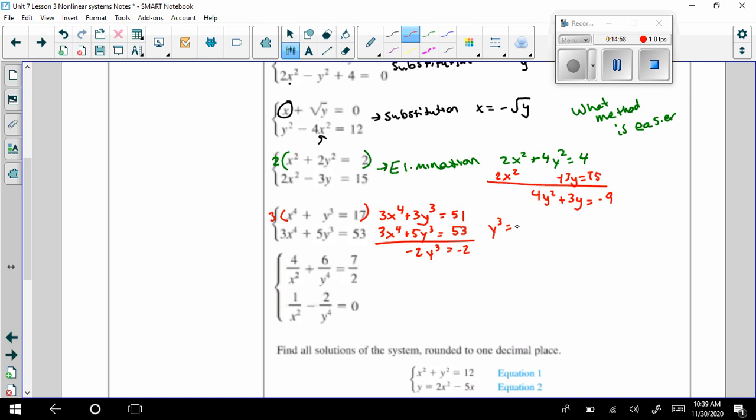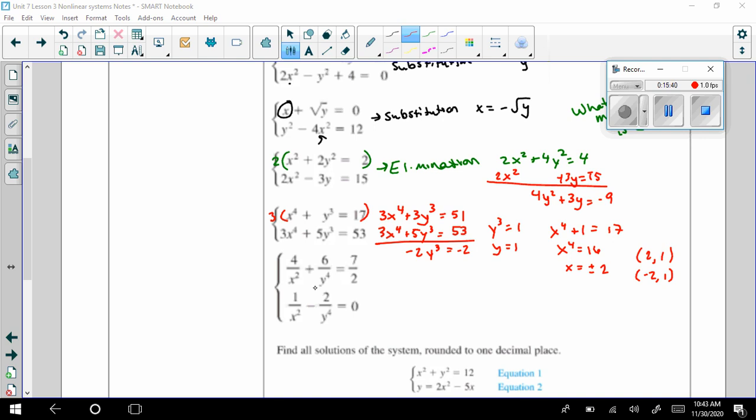So if y cubed is equal to 1, then y is equal to 1. Plug that in and solve for x. So x to the fourth plus 1 is equal to 17, so x to the fourth is equal to 16. And x equals plus or minus 2, because it's an even root. And so you have 2, 1, and you have negative 2, 1 as well.